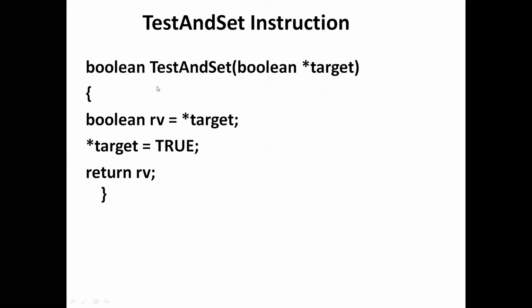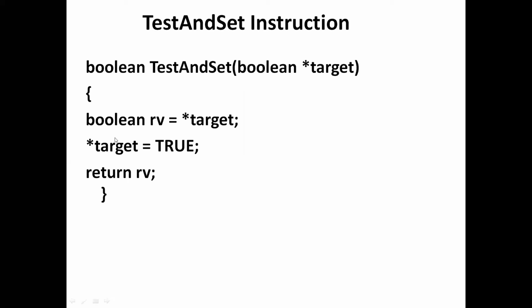That means the return type of test and set is a boolean value, whether it returns true or false. The parameter for this instruction is also of boolean type, and it returns a boolean value after executing.